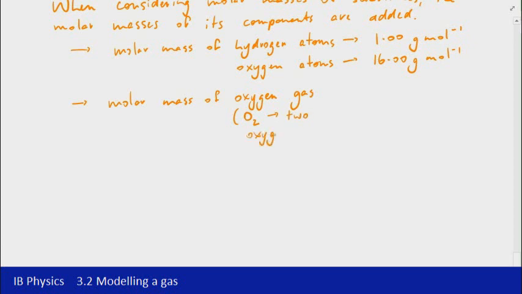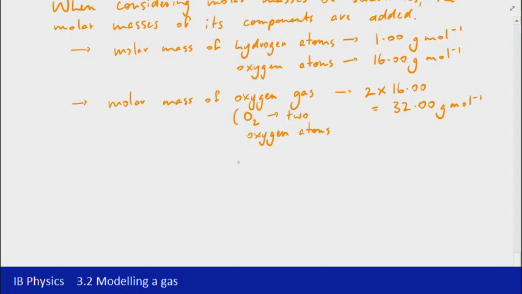So when we're dealing with oxygen gas, we're actually talking about a molecule. That means that the molar mass of oxygen as a gas is 2 lots of 16 grams per mole. So it gives us a molar mass of 32 grams per mole when we're looking at oxygen gas.